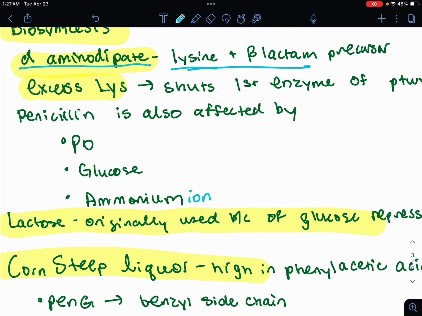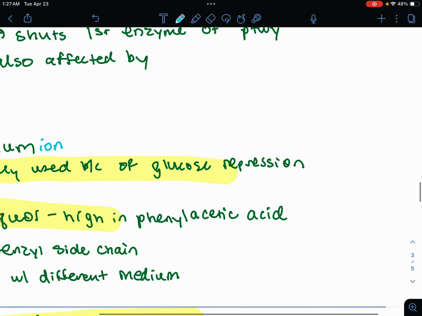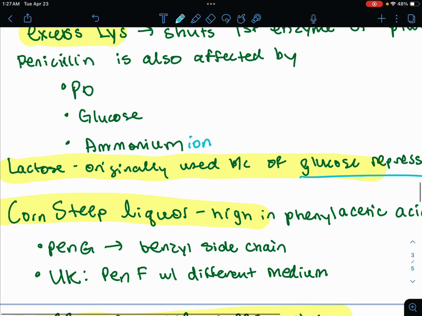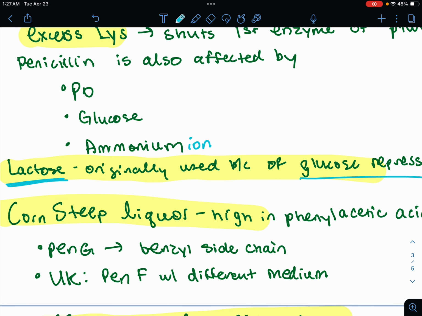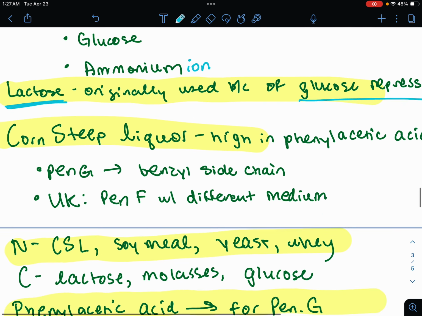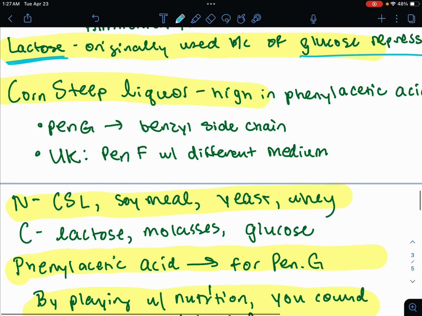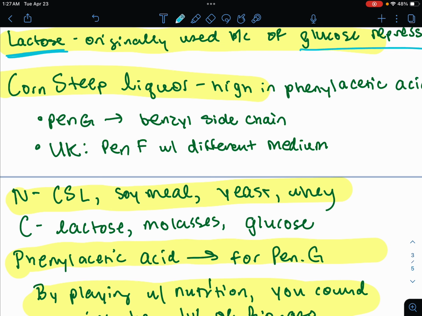Lactose was originally used because there was glucose repression. So originally they would use lactose instead of glucose. Okay, let's talk about the feedstock. So the medium affected the type of penicillin produced.